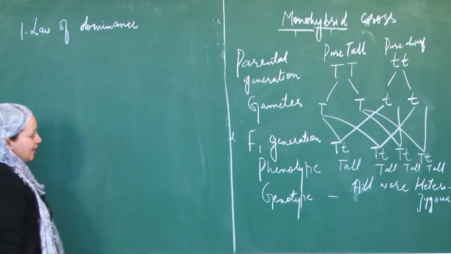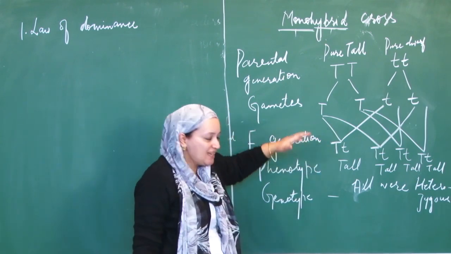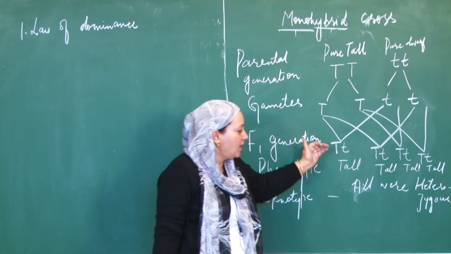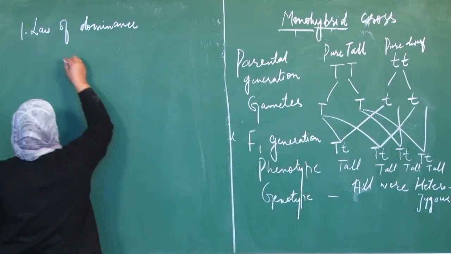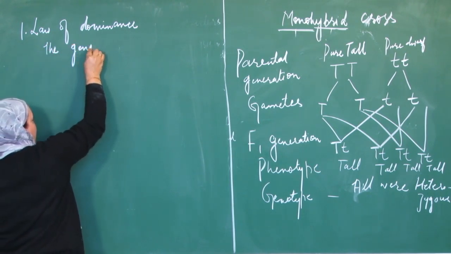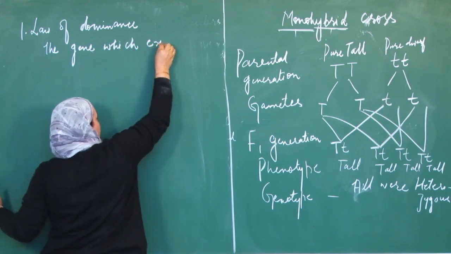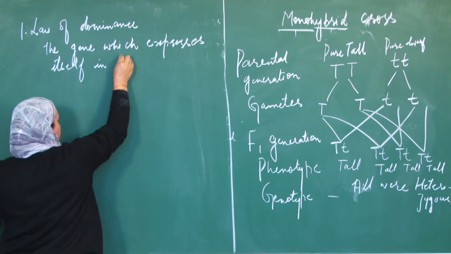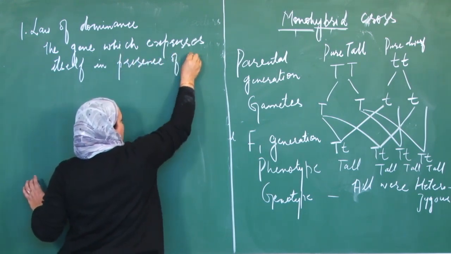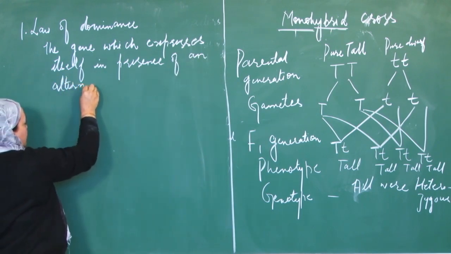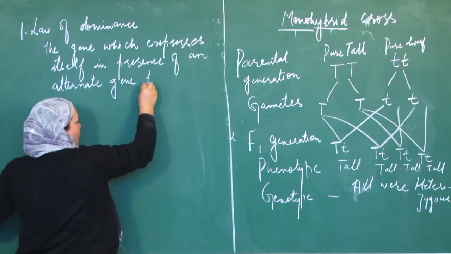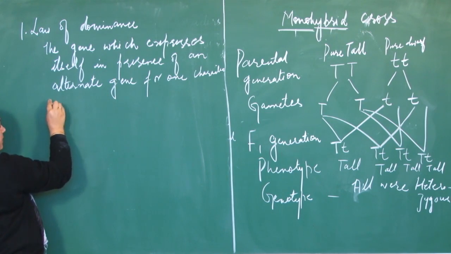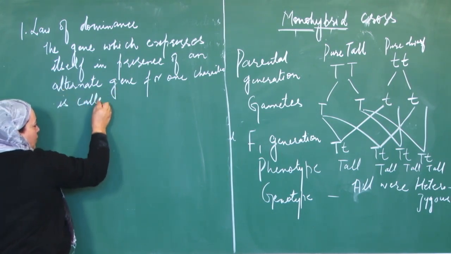What is law of dominance? The character which expresses itself in presence of an alternate gene for the same character is called the dominant gene.